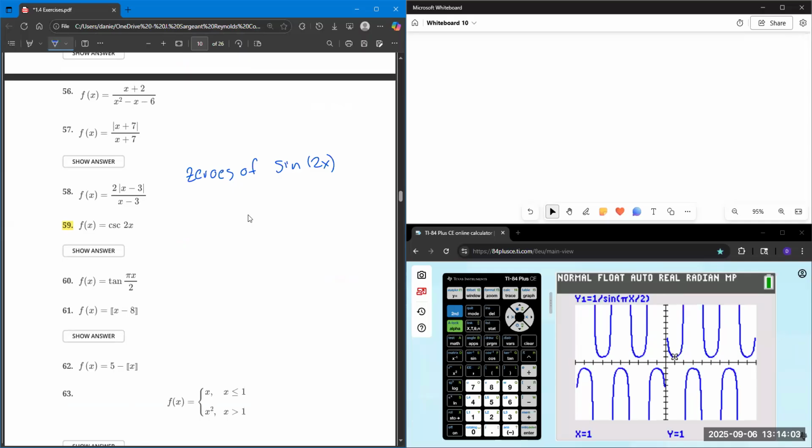So that's going to be odd multiples of pi over 2. No, any multiple of pi over 2.